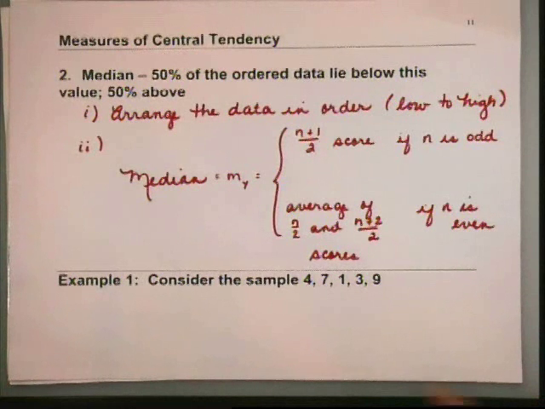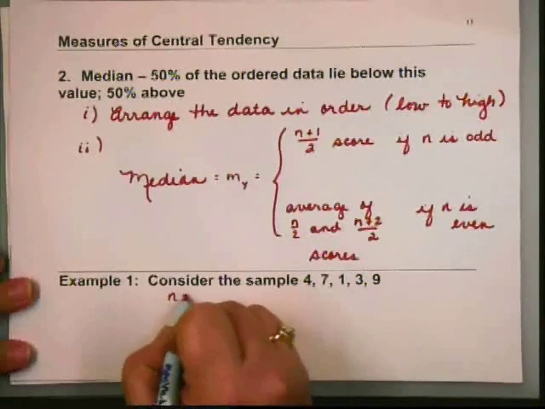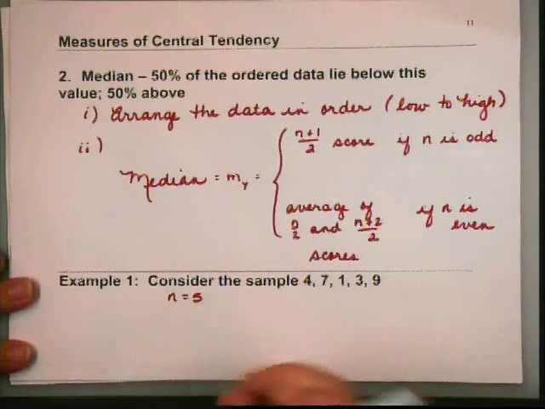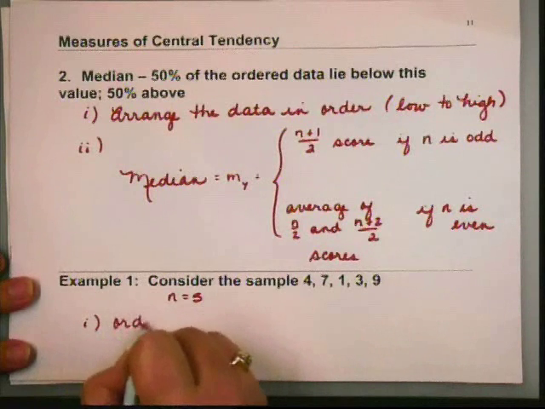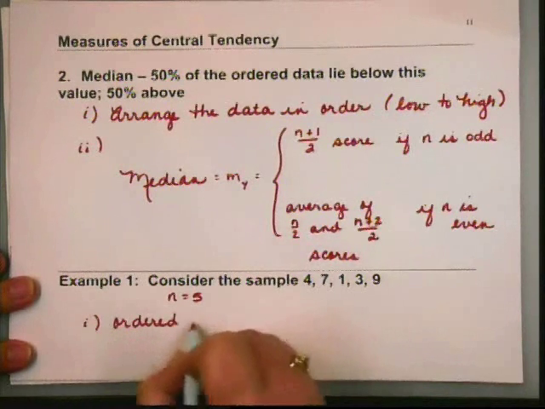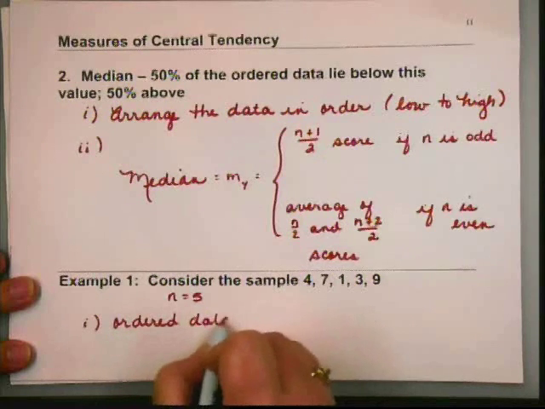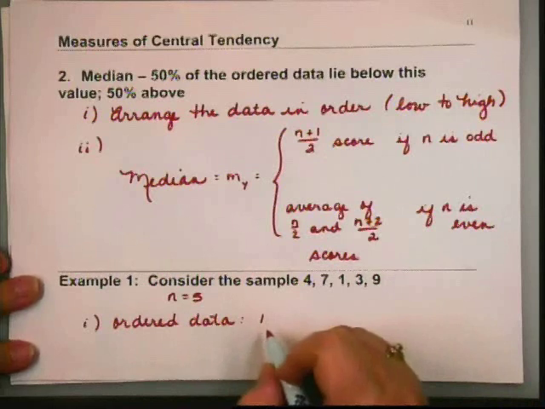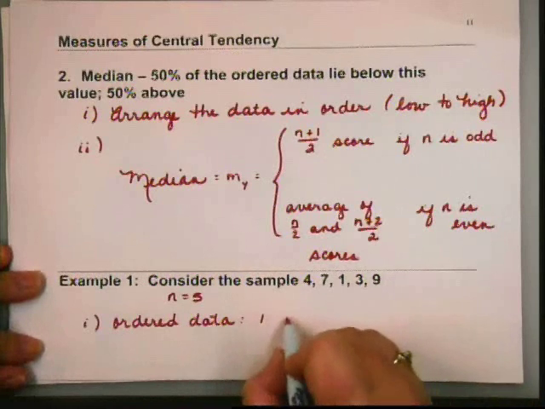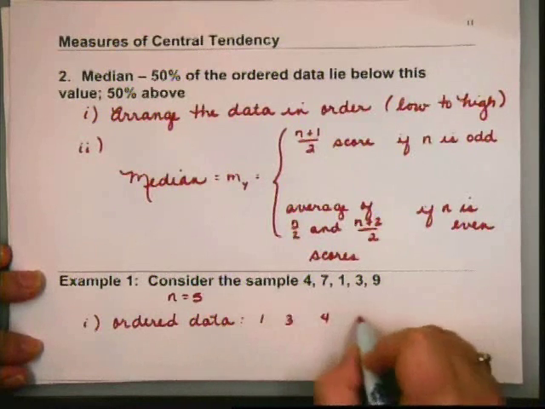Again, our same sample as before was a sample of size 5. If we first order the data, with the smallest observation being 1, we have 1, 3, 4, 7, and 9.